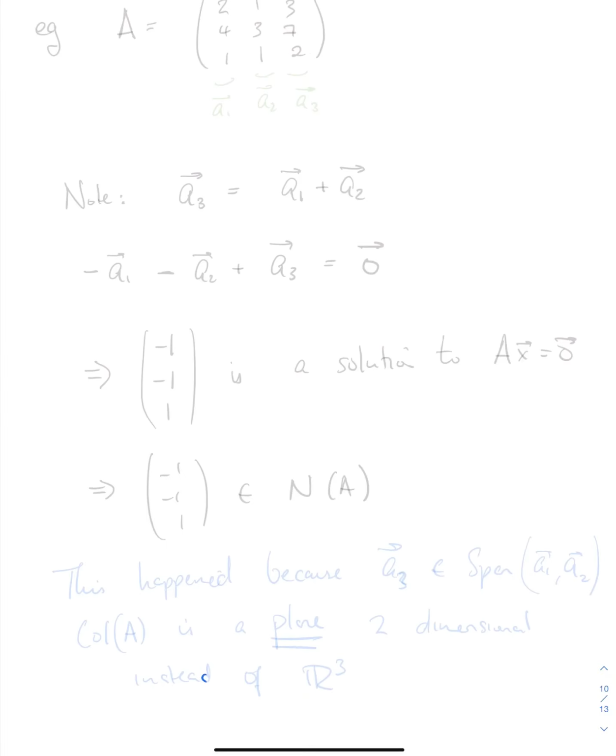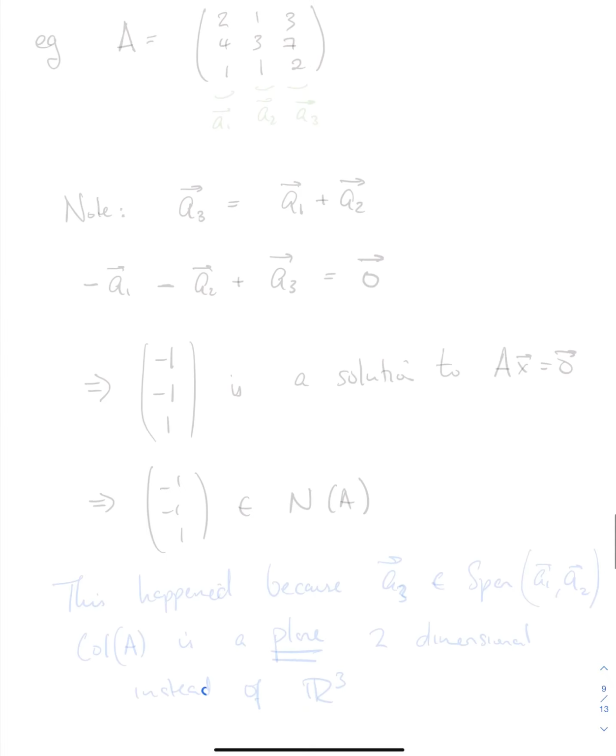Let's walk through an example that's going to help us connect a lot of these concepts together. Example. Here's A. It's a 3 by 3 matrix: 2, 4, 1, 1, 3, 1, 3, 7, 2. So of course, here we've got A1, A2, and A3.